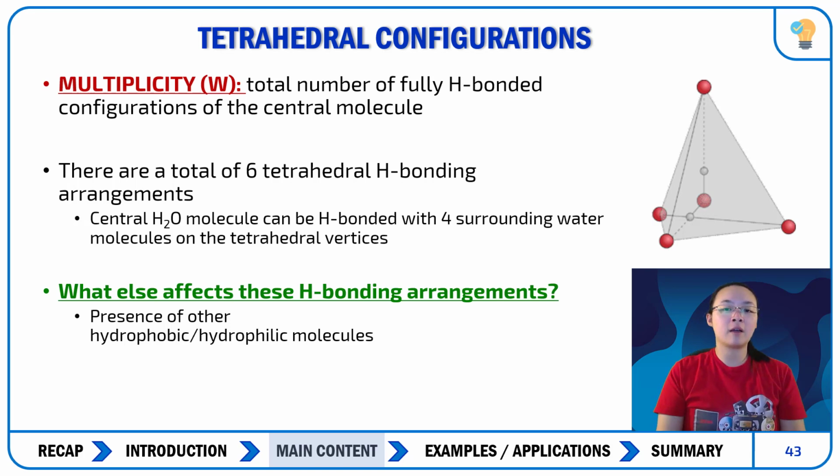And that's why we have to look at multiplicity. We've talked about multiplicity already, and now it becomes very important. So we're going to redefine multiplicity in this case to be more specific to what we're studying. We'll say that multiplicity, W, is now the total number of fully hydrogen bonded configurations of the central water molecule.